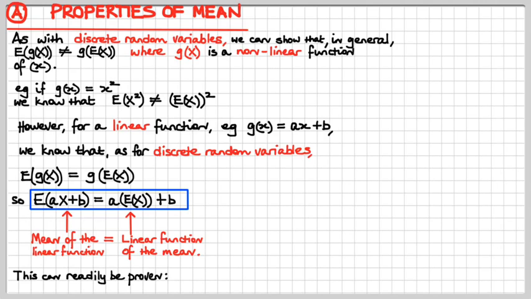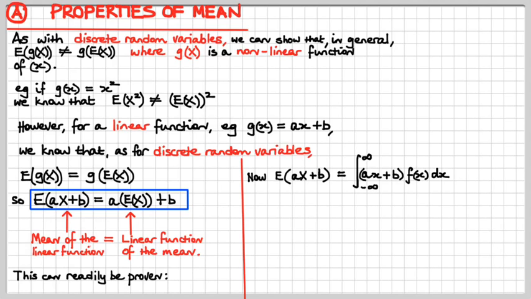I'm going to prove it for you. It's pretty easy to prove actually, but you won't have to know how to prove it, so don't worry about that. Alright, so if we prove it like this, the expected value of ax plus b, a linear function of x, would be the integral of the function itself times f of x with respect to x from minus infinity to plus infinity.